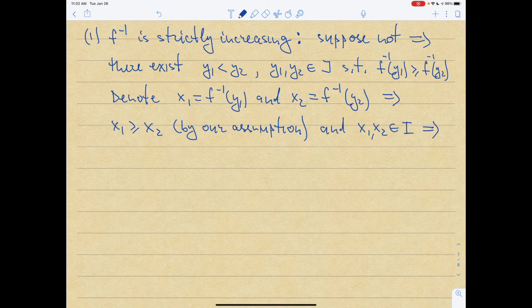So then, if my function is strictly increasing, then f of x1 must be greater or equal than f of x2.